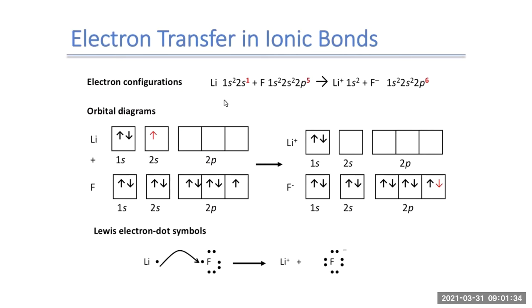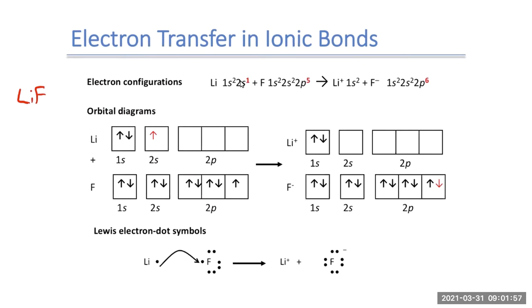Looking at that electron transfer, we can examine it using electron configuration and orbital diagrams. So if we look at the example of lithium fluoride. Lithium fluoride is a metal and a nonmetal. If you look at its configurations, for lithium, I have a 1s2, 2s1. Fluorine is a 1s2, 2s2, 2p5.